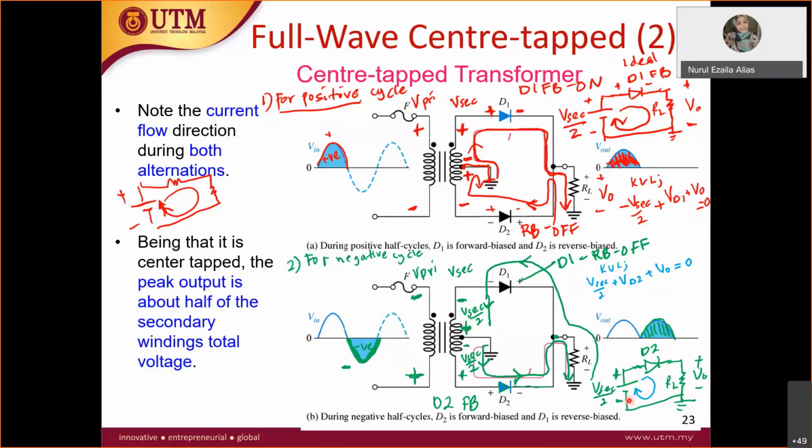If I'm taking the second terminal, it will be plus V secondary over 2. And then the next one I'm also taking, oh, sorry, here. Thank you, I was wrong here. Let's say I'm taking the first cycle here like this. So this is the error here. Plus means that I'm taking the first one. This is negative.